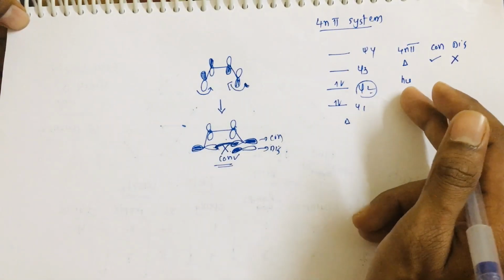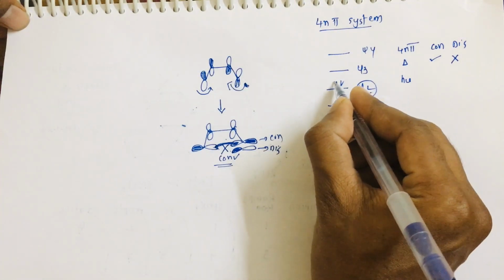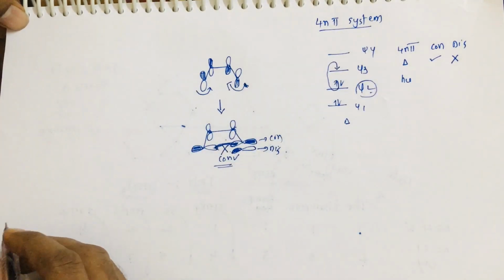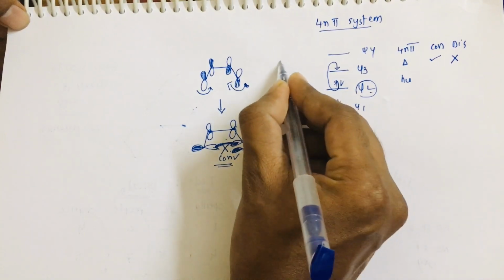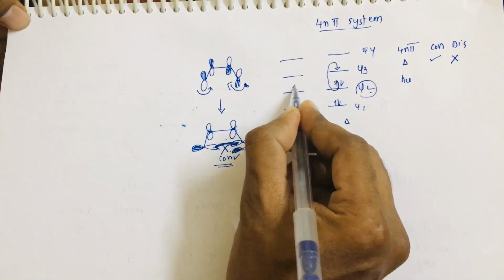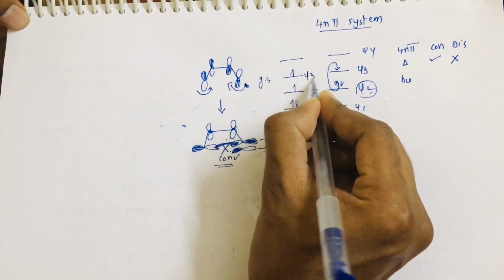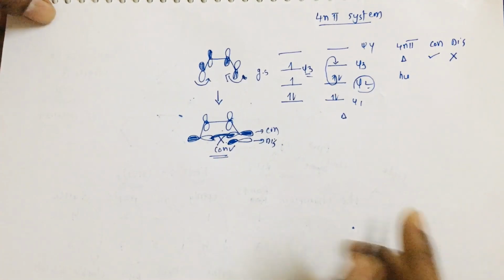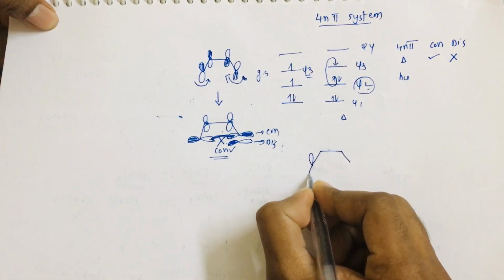Now we'll go for the photochemical condition. So what will happen in photochemical condition? One electron will go from here to Psi3. So this is the case for photochemical condition. Now it exists like this: 1 2 3 4. So here the ground state is Psi3. Okay, and then what is the arrangement for Psi3?